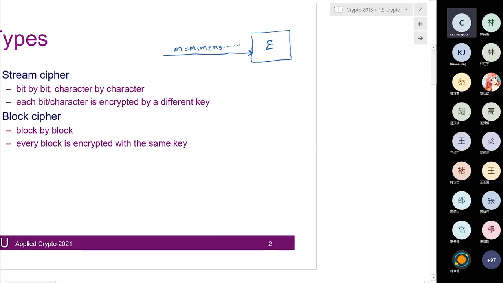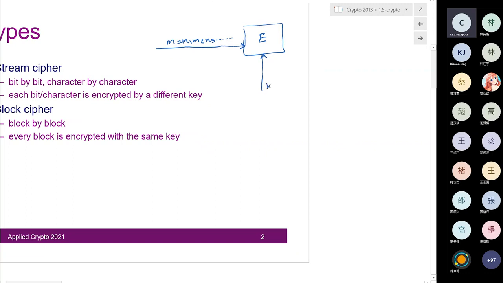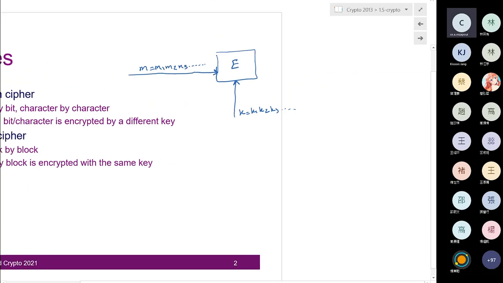And then there is another input that my key would go in. So key equals key 1, key 2, key 3, all the way. And then this algorithm would do the magic, and the ciphertext would come out, which is C1, C2, C3, all the way down, right?